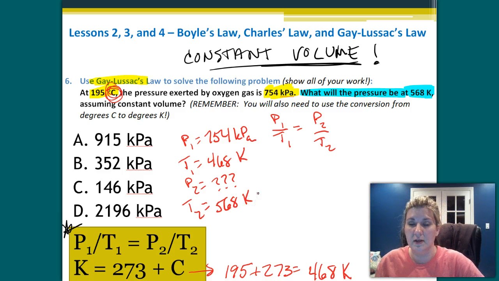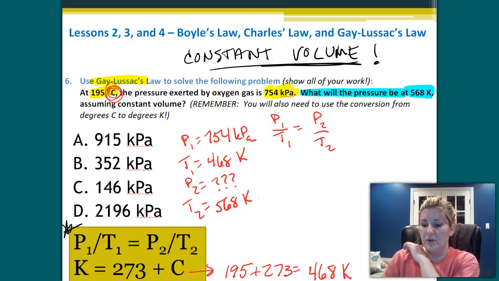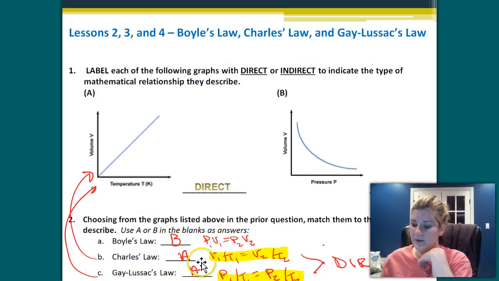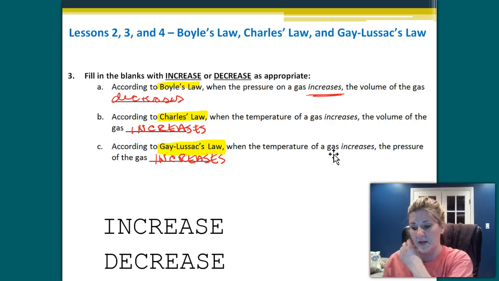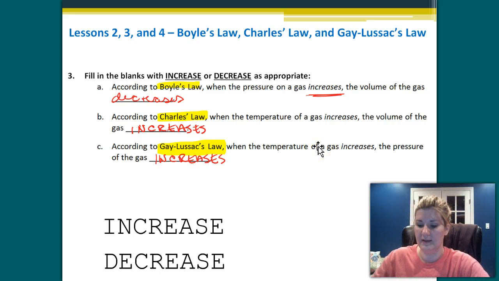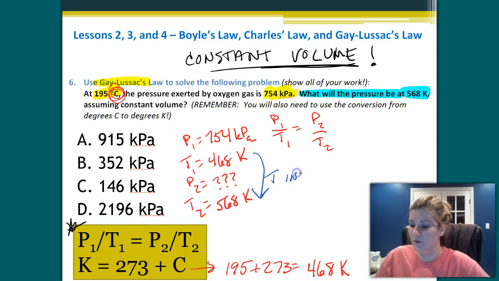So again, we're doing Gay-Lussac's law. Gay-Lussac's law is so similar to Charles's law. We said up here that Gay-Lussac's law is a direct relationship, and that means that if the temperature increases, then the pressure must also increase. And that's exactly the scenario we have in this example. We have temperature increasing by 100 units from 468 to 568.